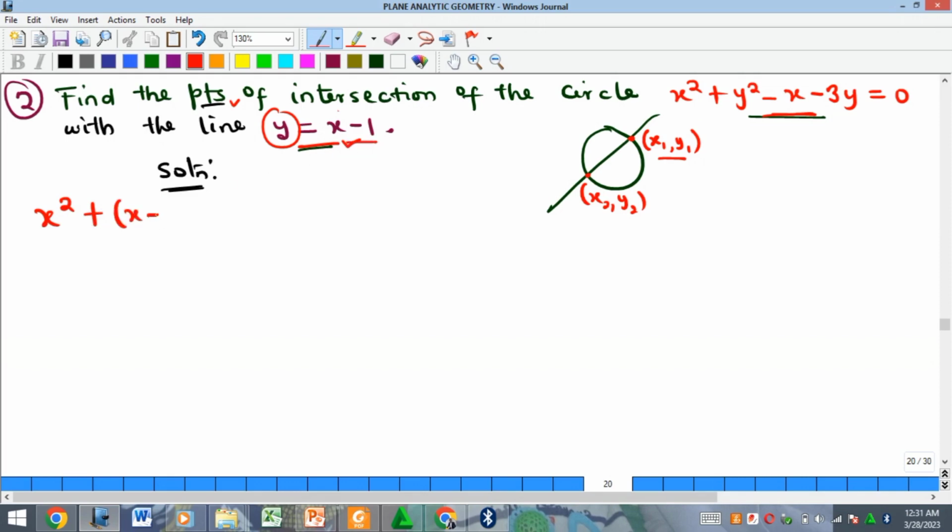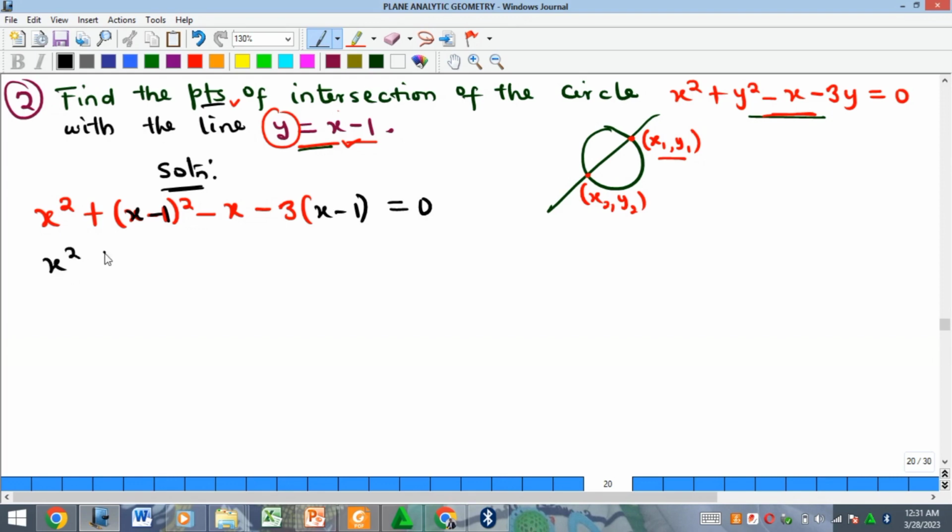So I'm going to have (x minus 1) squared, minus x, and then minus 3 times, remember that my y is x minus 1, and everything is equal to 0. With this equation, I can get the value of my x and then use it to solve for my y. So let's quickly do that.